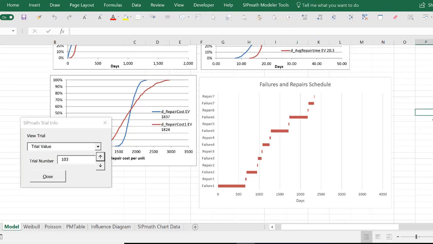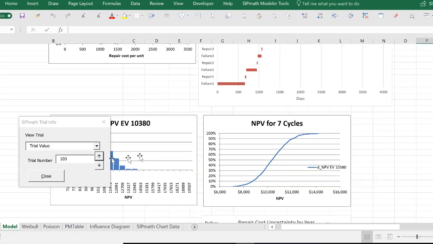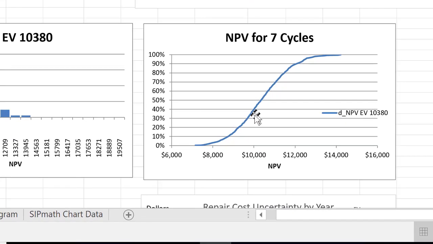As we come down further here, we can see the NPV for the 7 cycles has a cost of $10,000 with this kind of a distribution, 7,000 to 14,000.